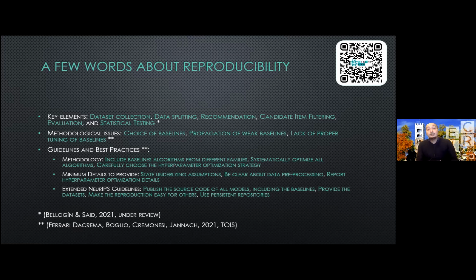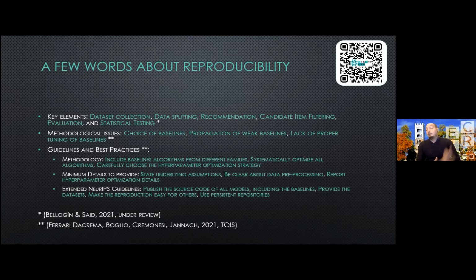We should provide the datasets, and we should ease the reproducibility of our experiments. But they also suggest putting in our paper a lot of different information, the minimum information needed to reproduce our experiments.